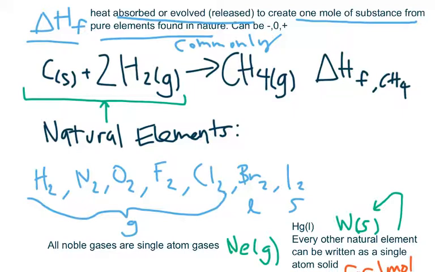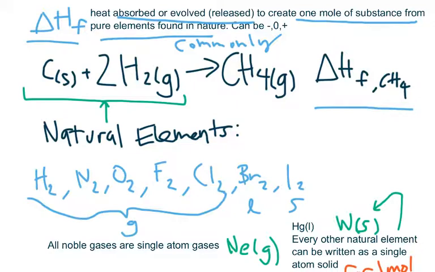These ΔH of F's can be negative, 0, or even positive, depending on what type of chemical we look at. So, for example, in this reaction, we want to find the ΔH of formation for methane, and we want to write a reaction for it.